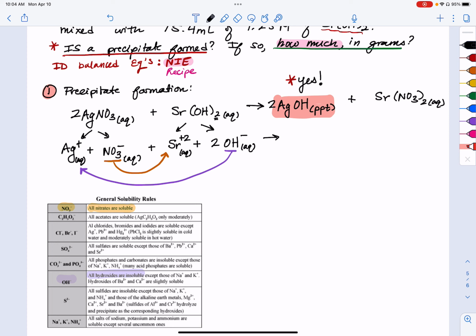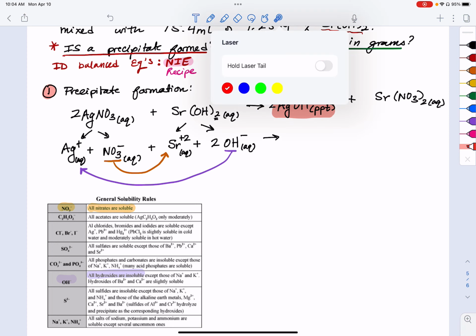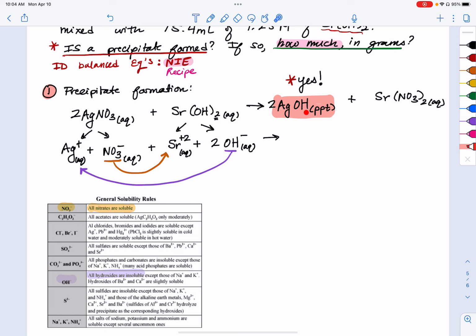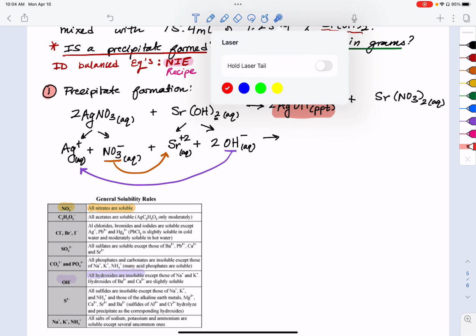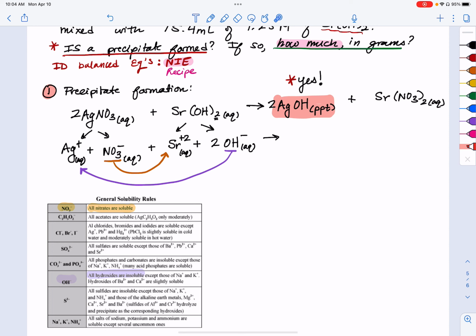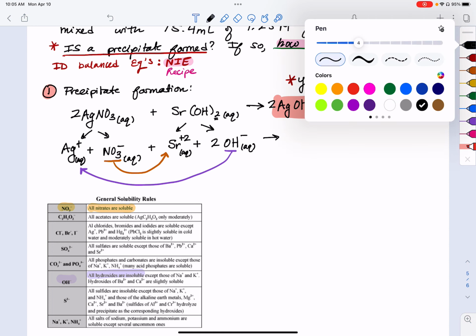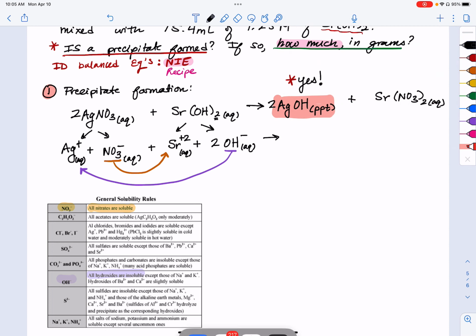And when I double my silver, then I am also doubling my hydroxide, which is great because I had two hydroxides here, meaning that everything I did in my scratch work, all of these quantities need to be doubled for our silver and nitrate, and also for our product.